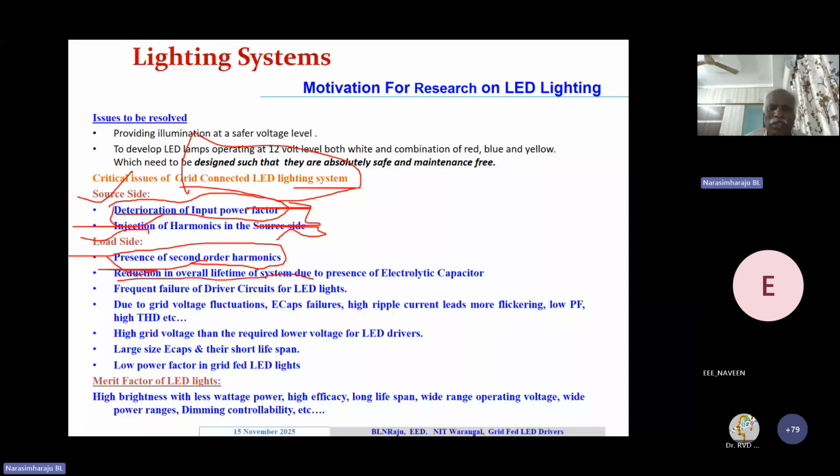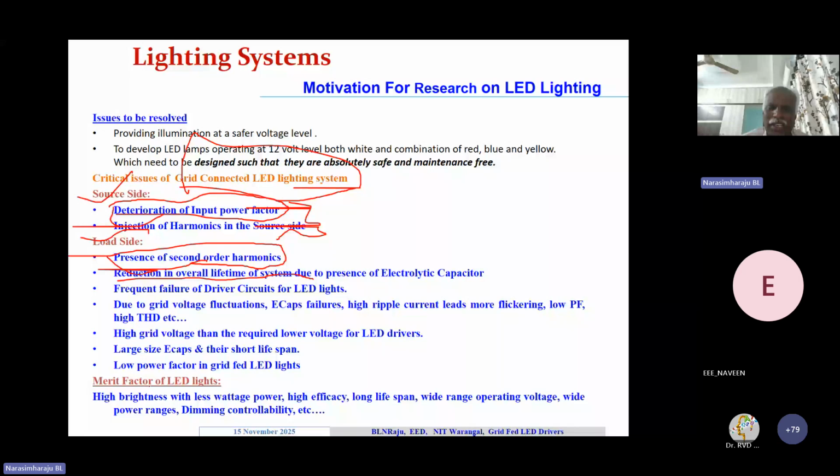That means whatever amount of brightness we want, we can provide by providing the dimming control feature in these LED lamps. So that is also possible.